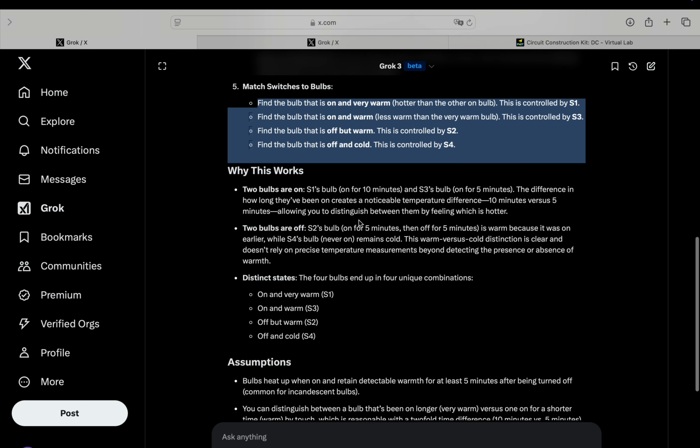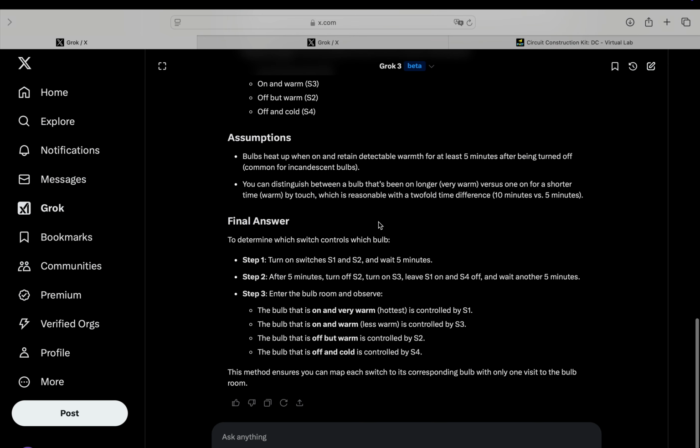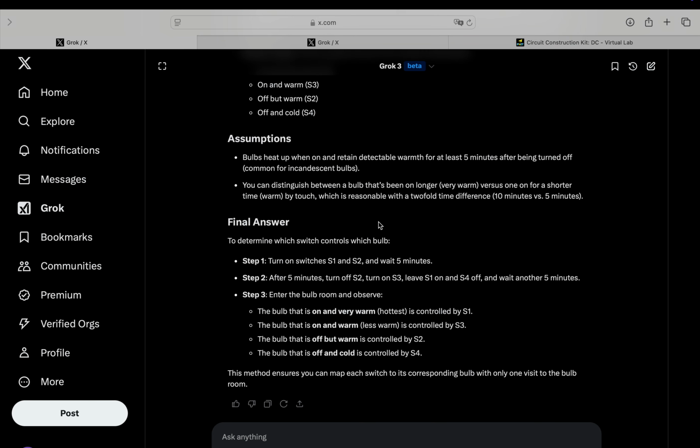So why does it work? The two signals: on and off, and heat, right? So it's even more thorough. It makes assumptions. We actually model or idealize this problem with models, so that's why we need assumptions.